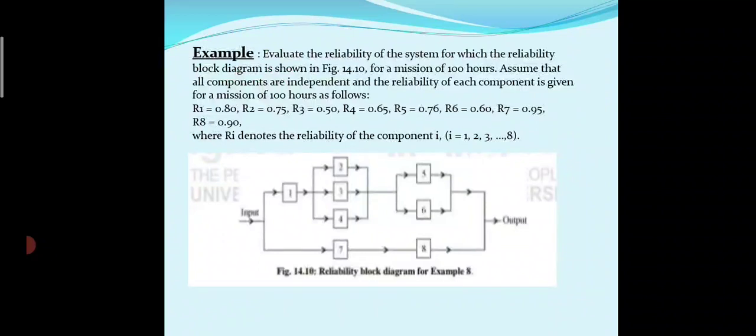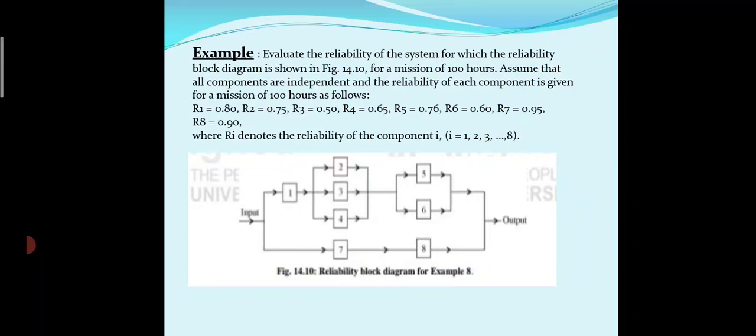So this is the example, in which we see how the mixed configuration is handled. Evaluate the reliability of the system for which the reliability block diagram is shown in the figure below, for a mission of 100 hours.